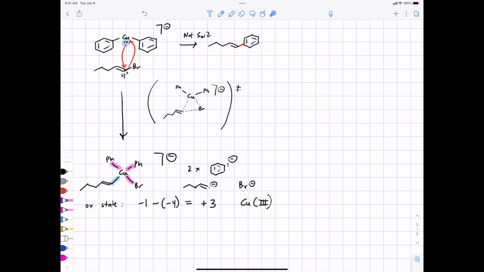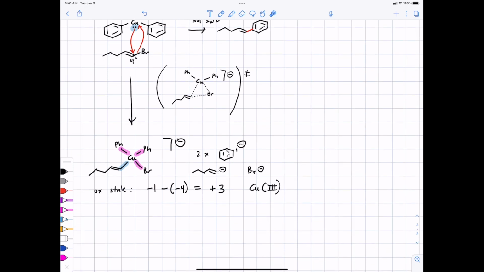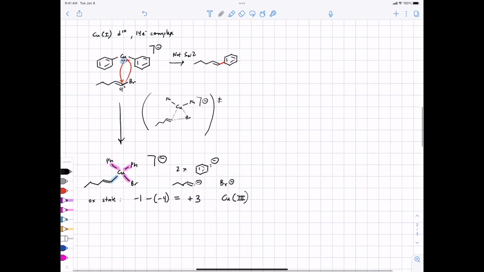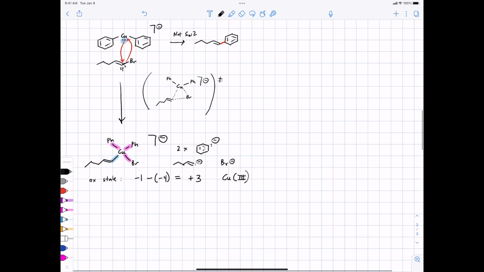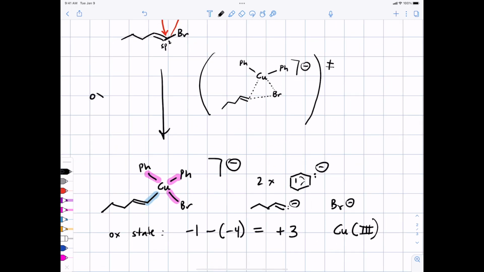Can't tell, and it actually doesn't matter. But this step, because it involves addition of these 2 atoms to copper, and because copper gets oxidized, we call this oxidative addition, and it is one of the fundamental steps that organometallic complexes do.